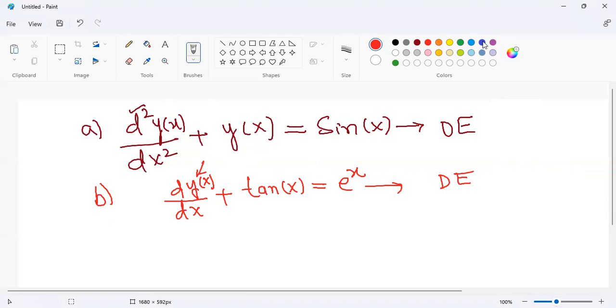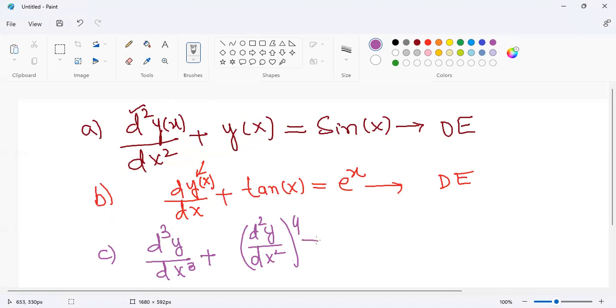You can see some more examples too. For example, one can write down d cube y by dx cube plus, let's say, d square y over dx square to the power, let's say, 4 plus arcsine x maybe to be xy.